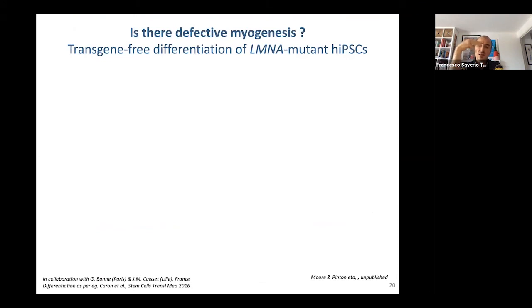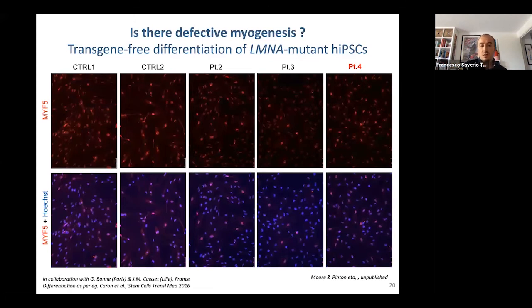And in the field, there's been a question around for a while, which is, are these patients, and is this disease characterized also by defective myogenesis? In other words, is there a defective differentiation of the muscle progenitors in these patients that might account for the severity of the disease? And so to answer this question, we went back, and particularly Dan Moore in the lab together with Luca went back and took all the iPS lines that we had from these patients.